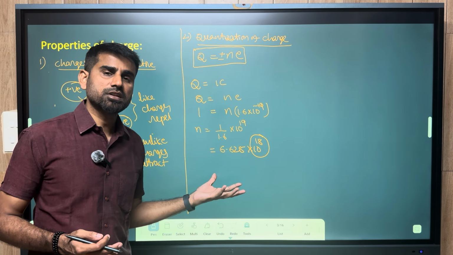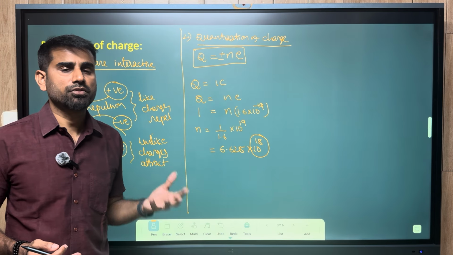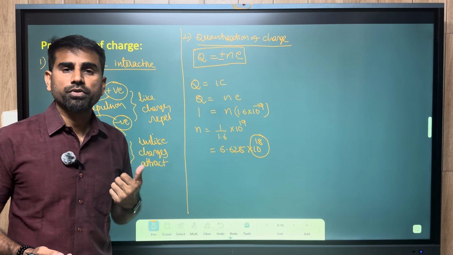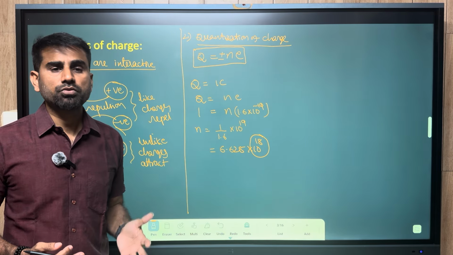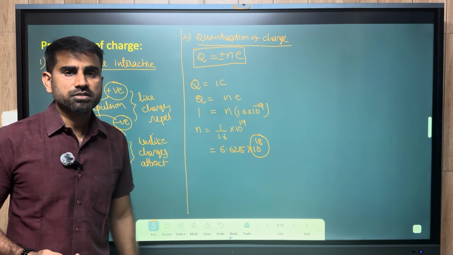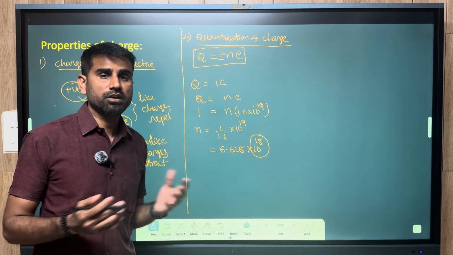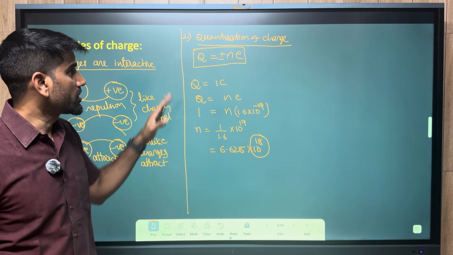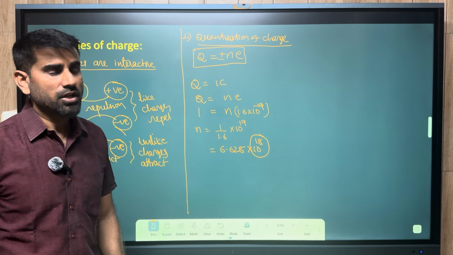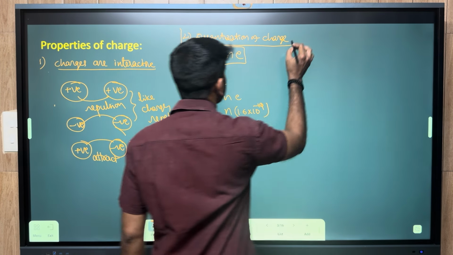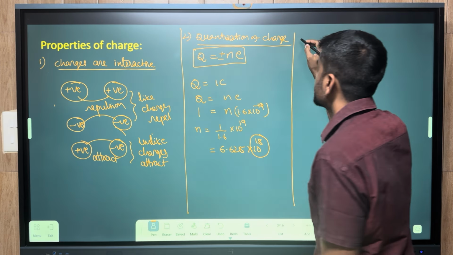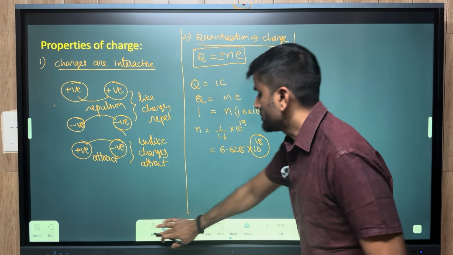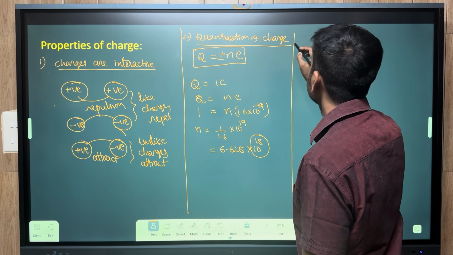We represent the charges in such a manner, in terms of milli, micro, nano, pico, and femto, because 1 coulomb is a very large value. I hope you understand this quantization of charge. Now let's move on to the third property of charge, that is conservation of charge.